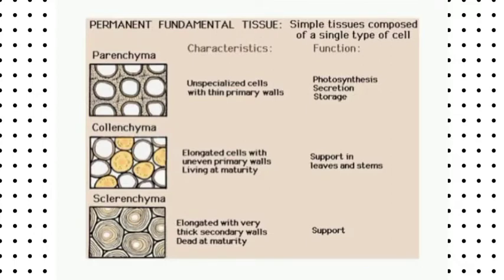Now, this image shows the major characteristics and the functions of the simple permanent tissues. Here in the function of parenchyma, it is written photosynthesis. As I have told you, sometimes parenchyma cells contain chlorophyll.